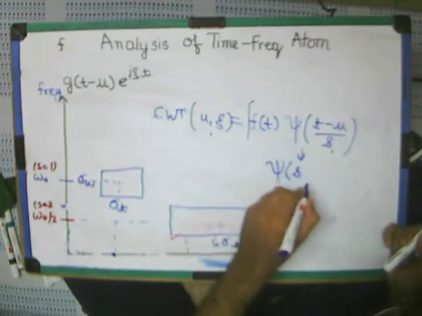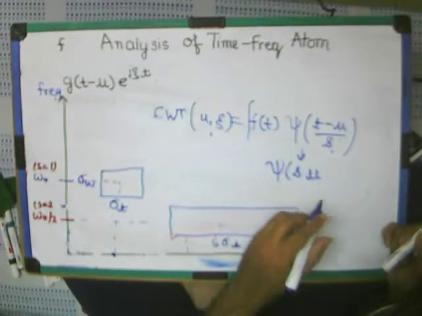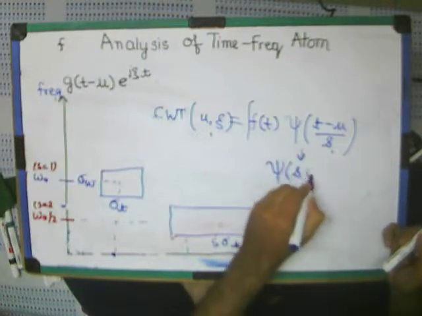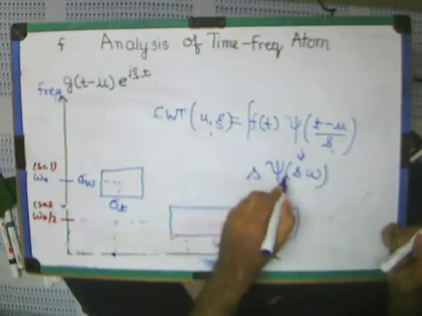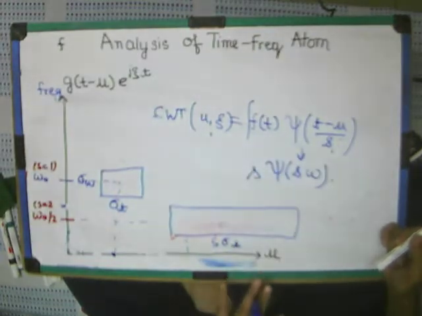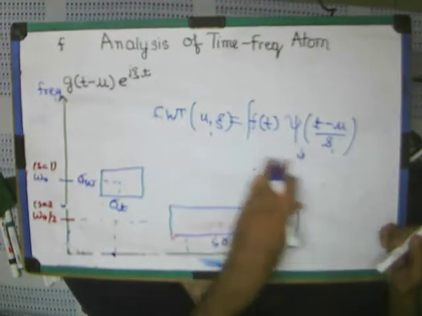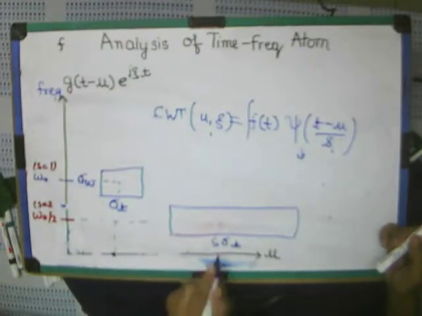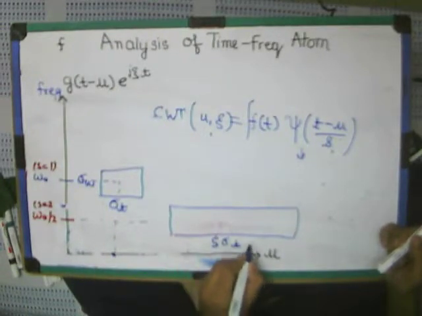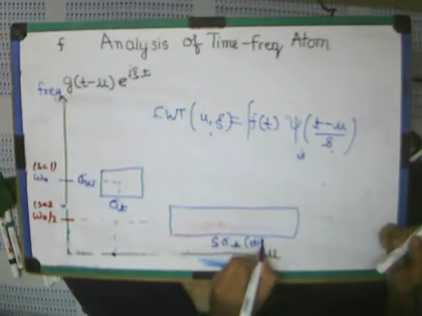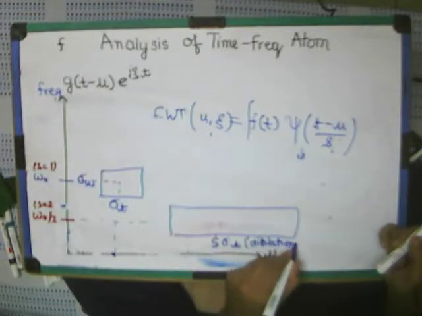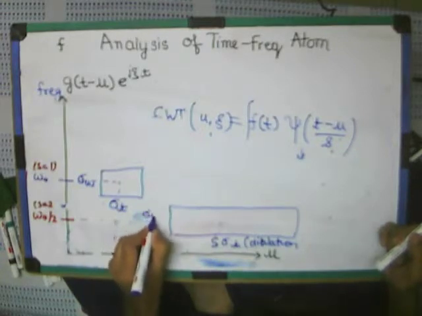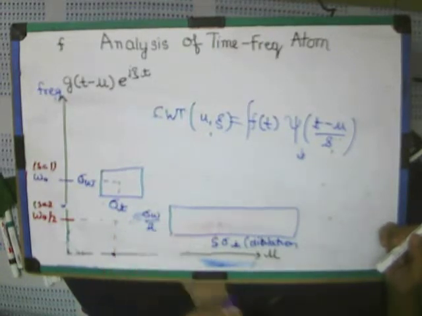Psi of S times omega, into S times psi of S omega, this Fourier transform. For now, just understand this main point, that there will be dilation and this will be contraction. So sigma omega will become sigma omega by 2.